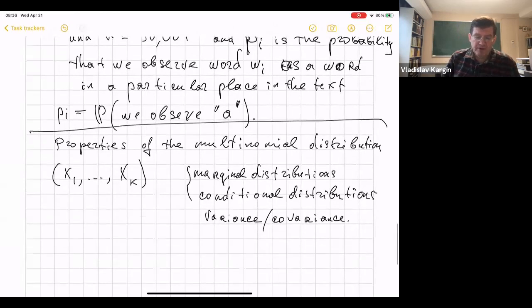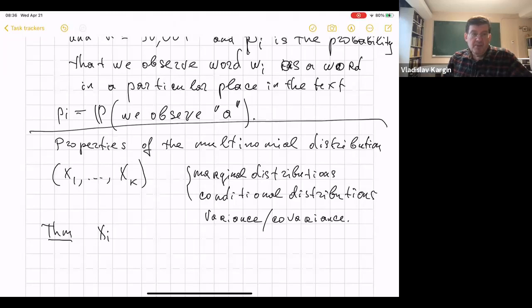All right, so what's the theorem here? If you look at the random variable xi, what's the marginal distribution of it? You can think about xi as the count of the outcome of category i. It's useful to think about our previous example as a general example: xi is the count of a word i.